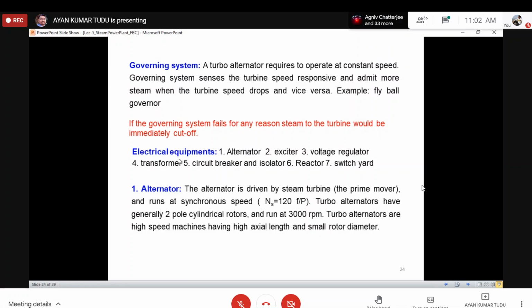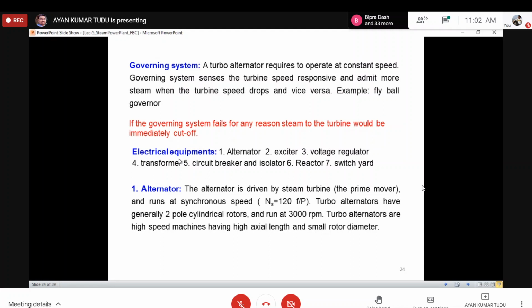So if the turbine speed increases, then it has to decrease the steam flow, because of which the steam valve will be closing. And if more steam is required, then the governor will be sensing it, and it will allow more steam to pass to the turbine. Okay, this is the function of the governing system.